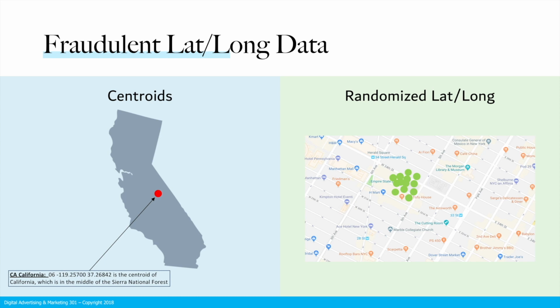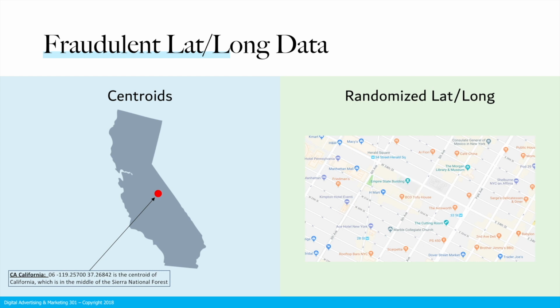But if an app was trying to fudge their latitude and longitude data, instead of just putting in one centroid, like in the previous example, what they might do is create a script to randomize the lat long to make it look more like what you would expect, instead of just one location coming every time.